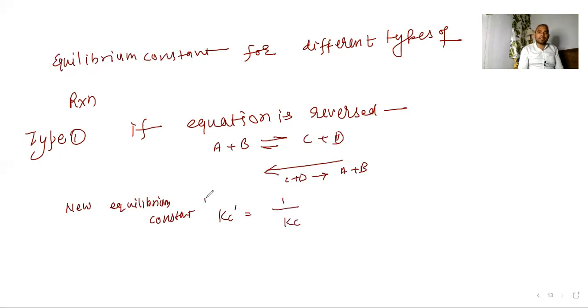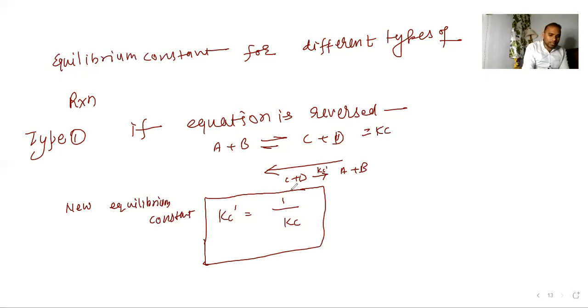So if you reverse the equation, the equilibrium constant also becomes the reverse, inversely proportional. For this reaction you write Kc, and for the reversed reaction you write Kc dash, so it goes to the reciprocal.